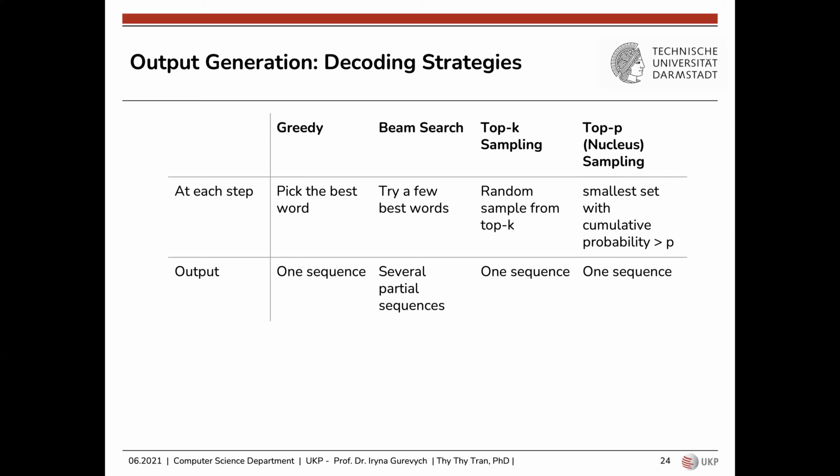Although top-K and top-P sampling are proposed to reduce repeated sequences and produce more surprising responses, recent studies show that they still suffer from these issues. The main cause of this issue is the way a model is trained. So how do we train the model? Let's have a look.